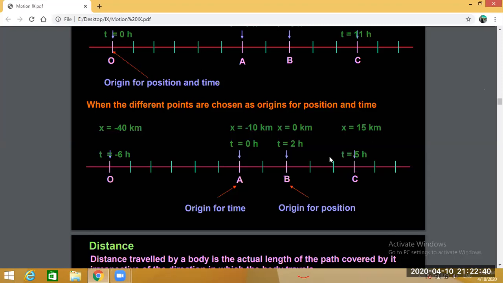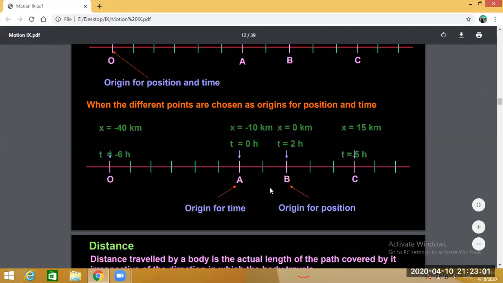So if we still calculate the speed, we will get the same. So shifting the origin for time and the origin for position doesn't matter in the calculation of speed, velocity, acceleration, etc.